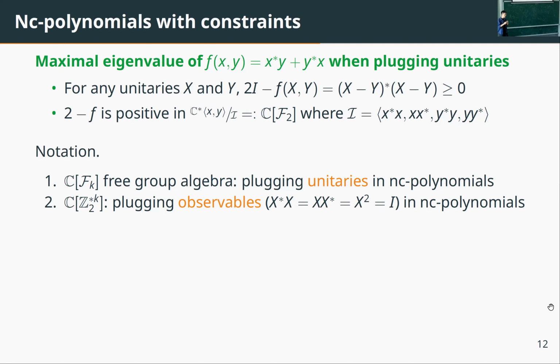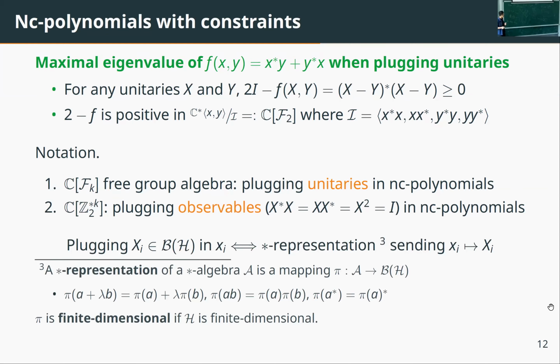There is a more rigorous way to talk about plugging in matrices and operators. You can use the language of representations. Indeed, if you plug in a capital Xi for some variable little xi, it means you have a star representation sending your little xi to this operator capital Xi. Here a star representation is just a map that respects all the structure of the star algebra. So it is linear, it preserves multiplication, and it preserves the star involution.